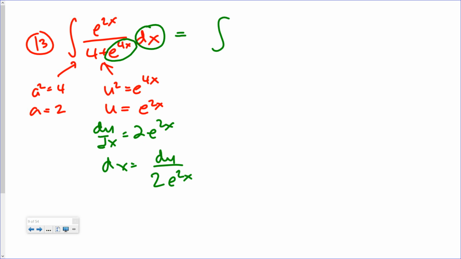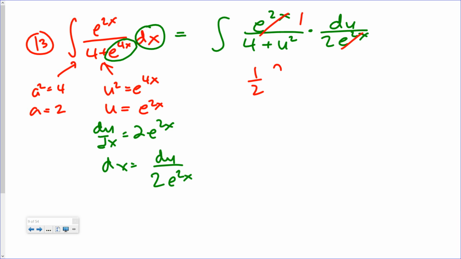So when I rewrite this, what I get is e to the 2x over 4 plus u squared times du over 2e to the 2x. Do my x's cancel out? Why, yes, they do. They don't disappear. They cancel out to 1. And what I get is 1/2 integral of du over 4 plus u squared.